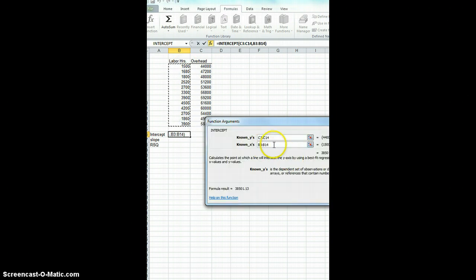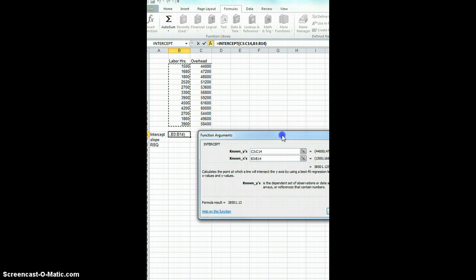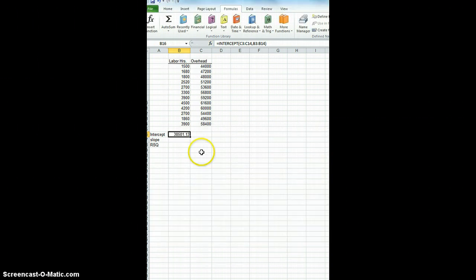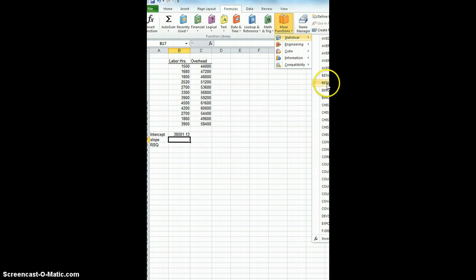I'm sorry, the X's are the independent variable, and the known Y's are the dependent variable. So overhead cost is dependent upon the number of labor hours. We then click OK and end up with 38,501, which we already know. We saw the solution earlier.